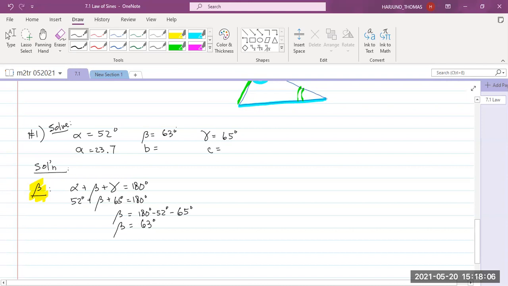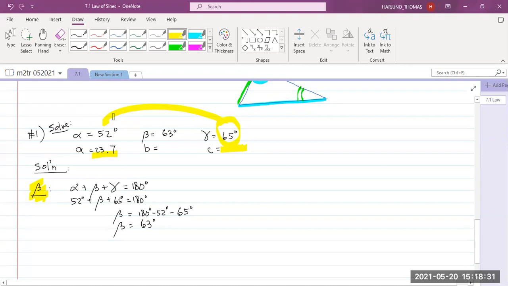Now from here, we notice that the longest side will be side C. Why? Because that corresponds to the greatest angle. That's the opposite side of the largest angle. Side C must be greater than 23.7, right? Because the angle 65 is greater.